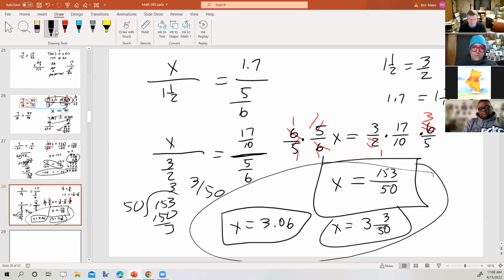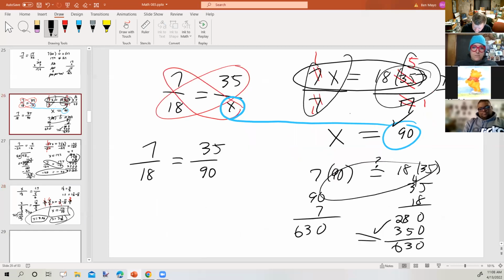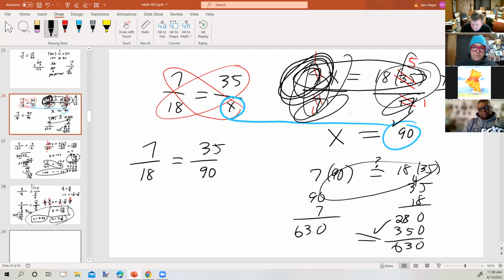Okay. Now, in solving these problems, if the coefficient is a whole number or an integer, so like it could be a negative number, or a decimal, divide both sides by the coefficient and continue on.